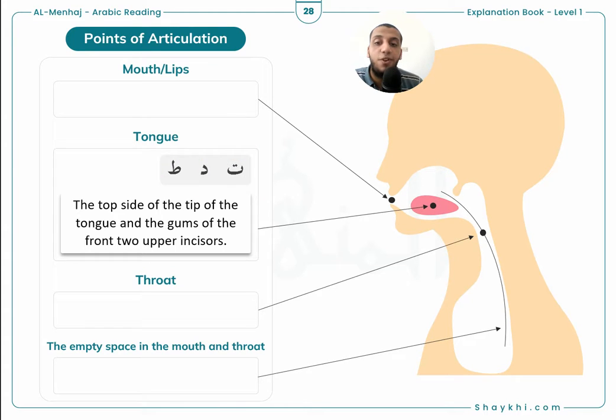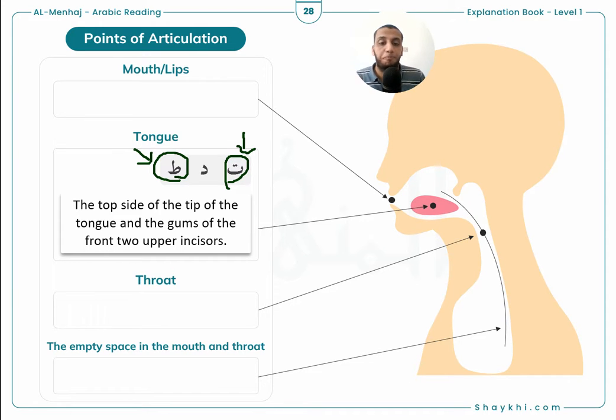So let's now discover the difference between letter ta and letter ta. The only difference between them is the heaviness and lightness, which means that the first ta is a light letter and the second ta is a heavy letter. What does that mean?